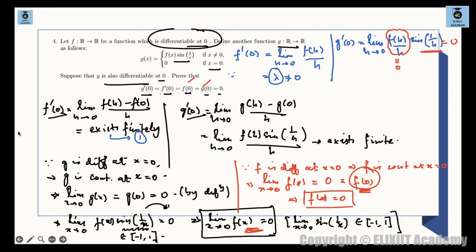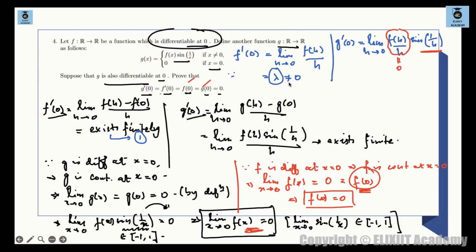That's what we need to prove, right? If this is not 0, then a non-zero quantity multiplied by an oscillating number won't be 0 in that case. Then the limit won't be defined, right? So you need to show that this is equal to 0. If this is equal to 0, then only the product will be equal to 0.